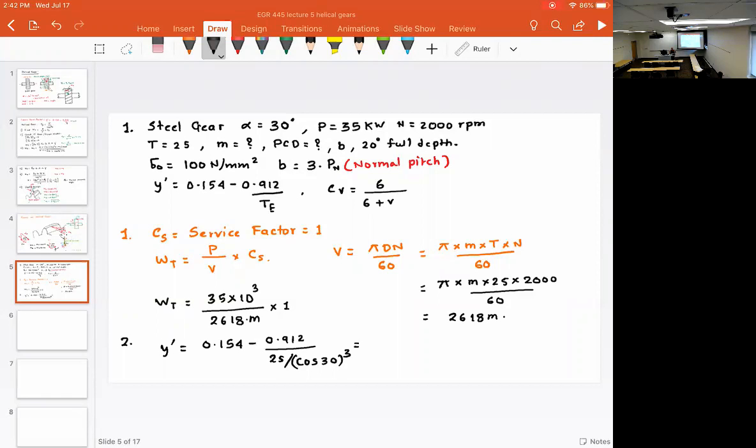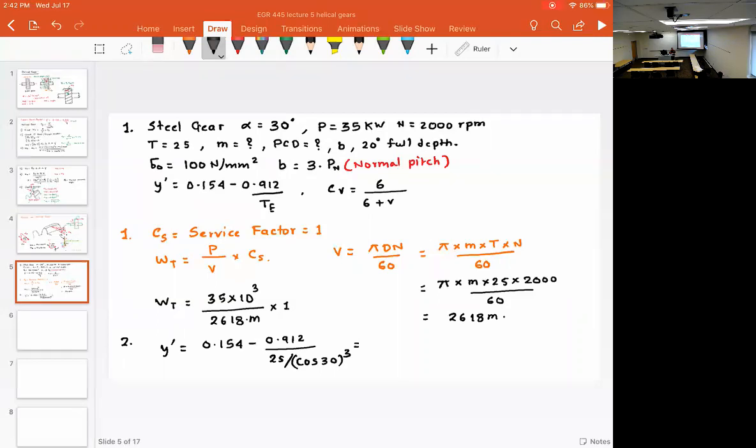What is the difference between y and y prime? Y is the Lewis's form factor for spur gears. Y prime is the Lewis's form factor for helical gears. And the difference is when you are doing the spur gear, you just use the number of teeth.